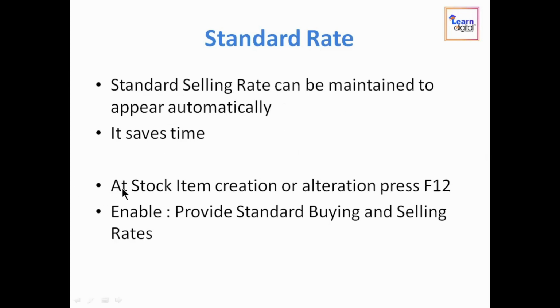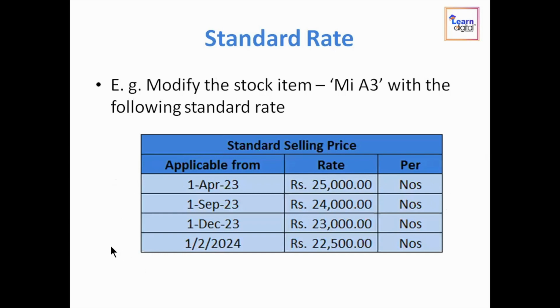How to do it? The steps are: at the stock item creation or alteration screen, press F12 and configure it to provide standard buying and selling rates. So let's go with this example. Modify the stock item MI A3 with the following standard rate.